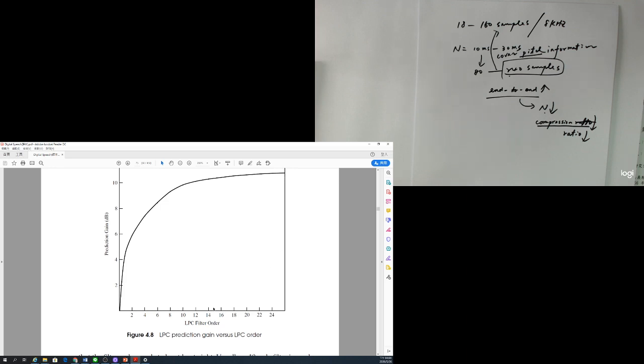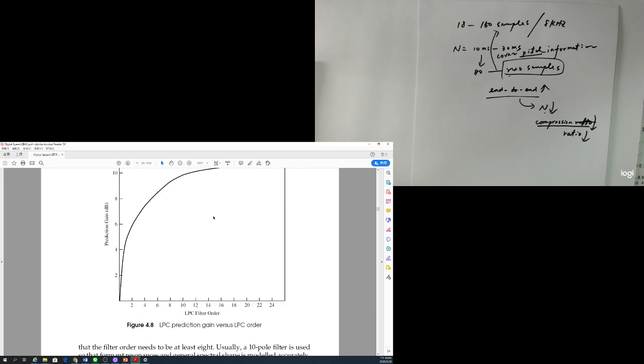So sometimes if you use a lot of previous samples to do the prediction, the order becomes bigger, and sometimes you cannot get much pitch gain. So you have to make some trade-off, because a large order has other problems.